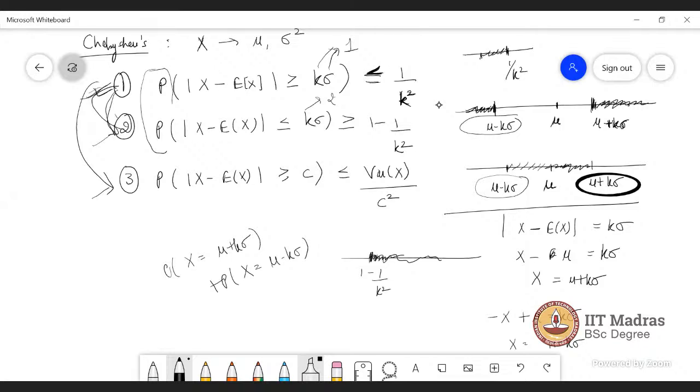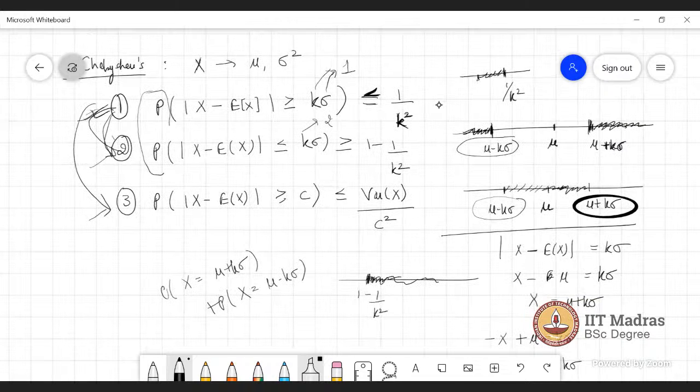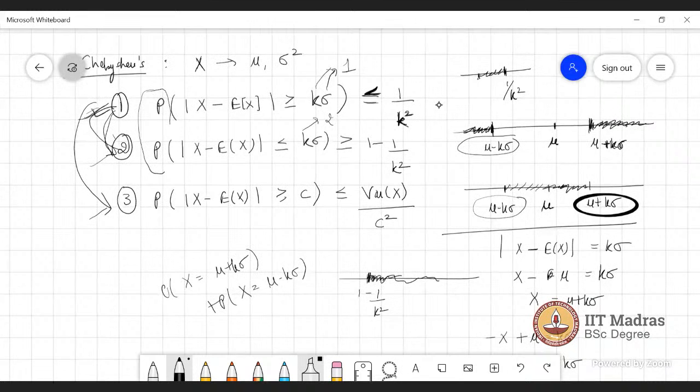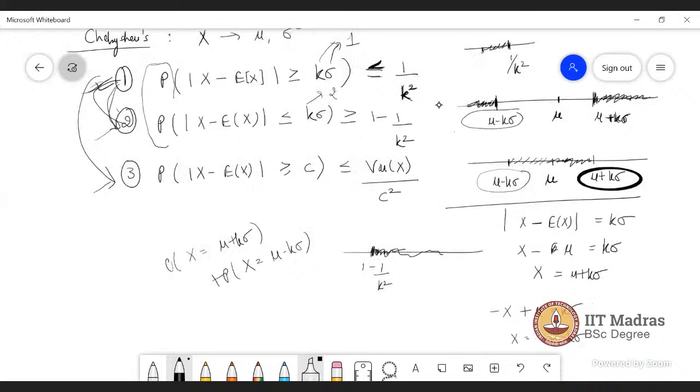If I equate 1 and 2, then I'll get the k value as root 2. And for root 2, I can say that the data lying inside k sigma and outside k sigma are equal.